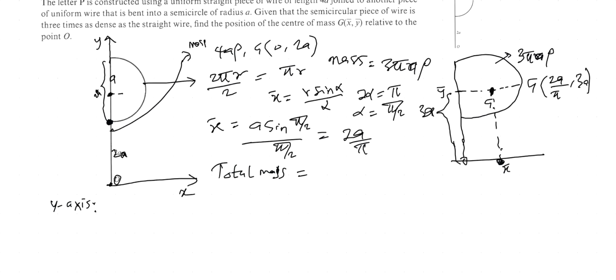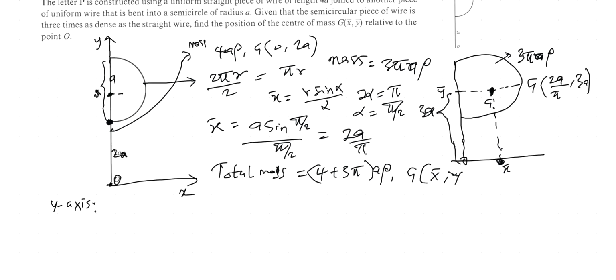So now the total mass is 4 plus 3 pi, a rho. That's the total mass. And we want to find the center of mass of the entire shape, so we are looking for x bar, y bar.